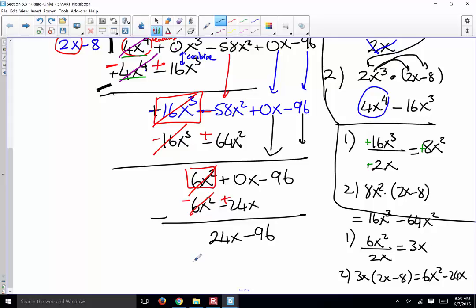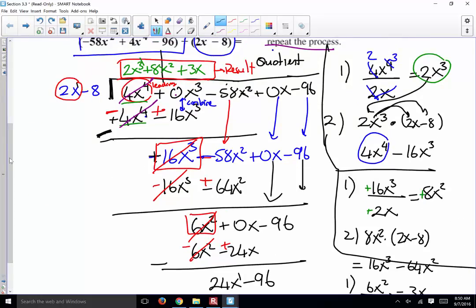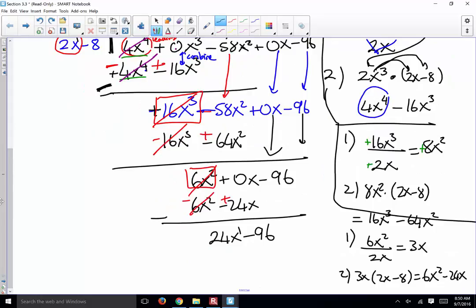Is this the end of the process? No. Now they have equal powers. I need to go one more round, and this is the final round. I will do it here. Mark the leading power and divide by the given divisor's leading term, which is 12 only.